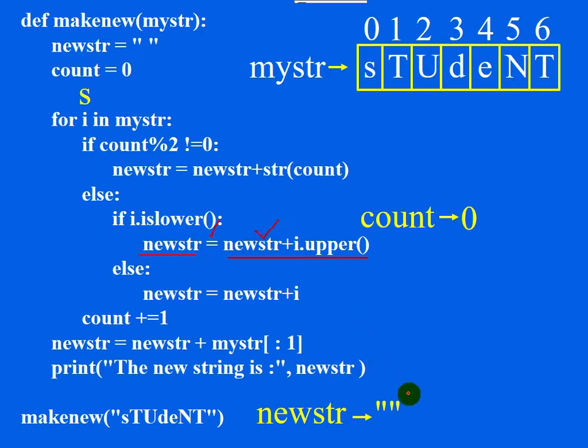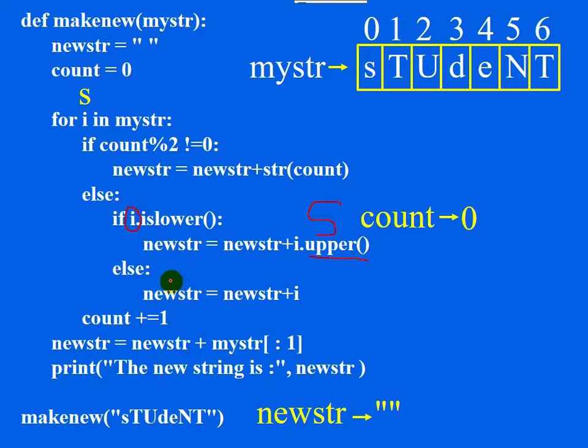New string contains empty string. So empty string is concatenated with the I dot upper. So what is I? Small s. Small s dot upper means this will be converted to capital S. So upper function converts a lowercase alphabet to uppercase alphabet. Is lower checks whether I is a lowercase alphabet or not. If I is a lowercase alphabet, it returns true, otherwise false. Okay.